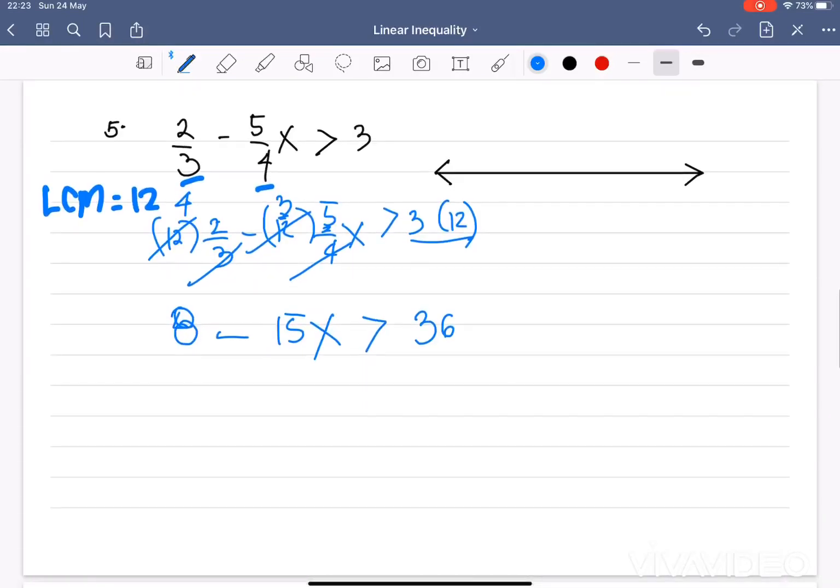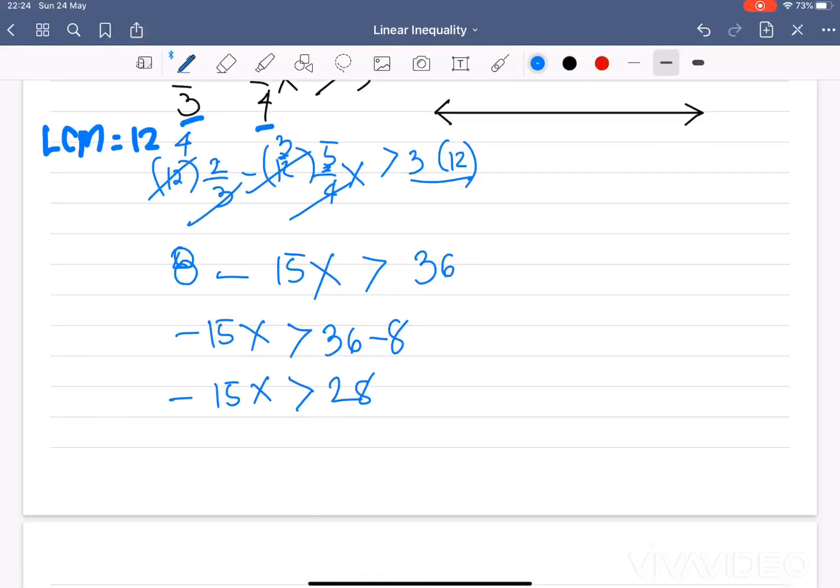I'm going to transpose 8 to the other side of the equation. So what's left is negative 15x is greater than 36 minus 8. So negative 15x is now greater than 28. So I'm going to divide both sides by negative 15.